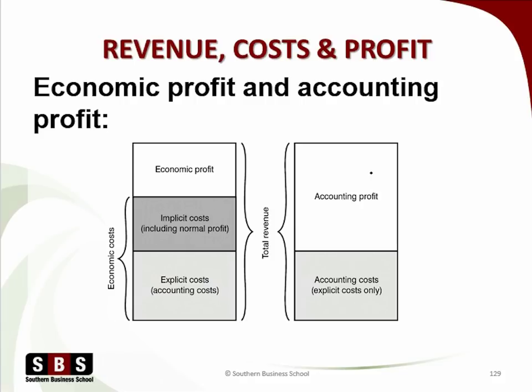Explicit costs were defined in the previous slide. Implicit cost normally includes normal profit as well. So you may be asked what the difference is between economic profit and accounting profit. Show it in a table format, or you may be given a table or diagram, and then you need to establish that accounting profit is only explicit cost, while economic profit is implicit and explicit.